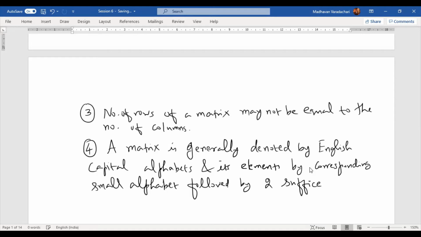Plural of suffix, because there are two suffixes here, right?